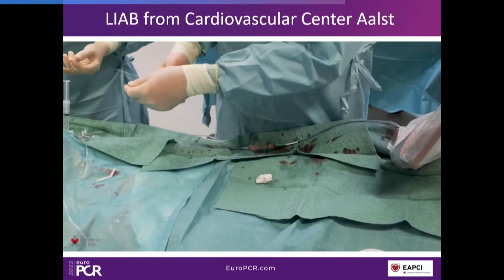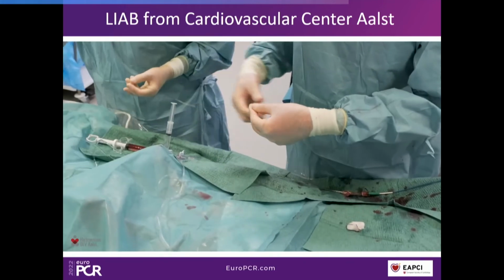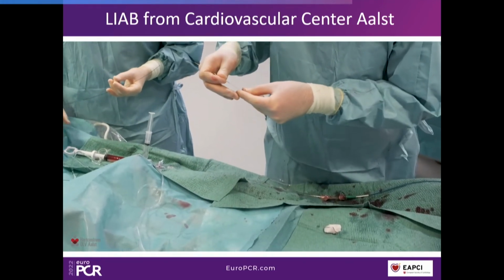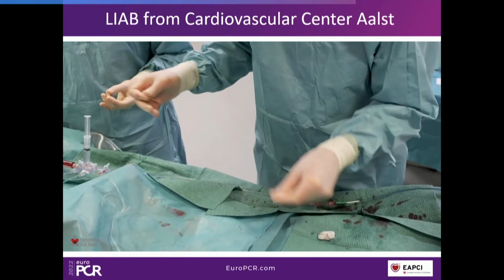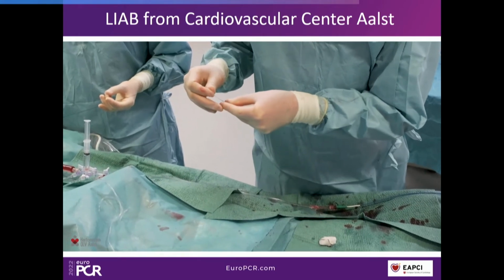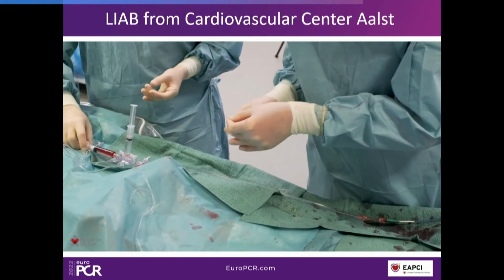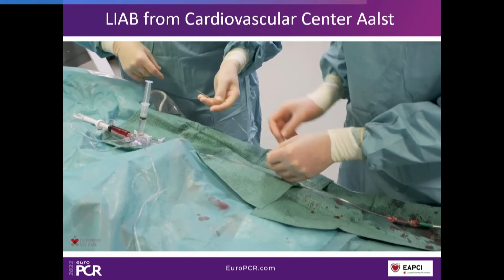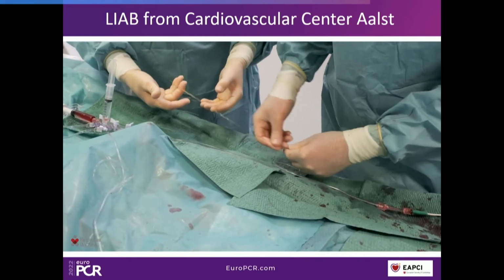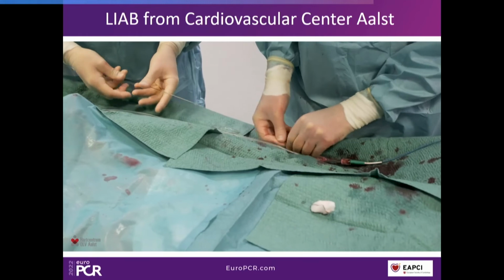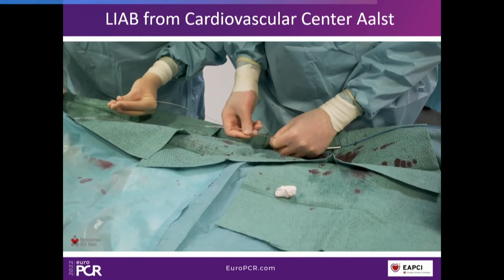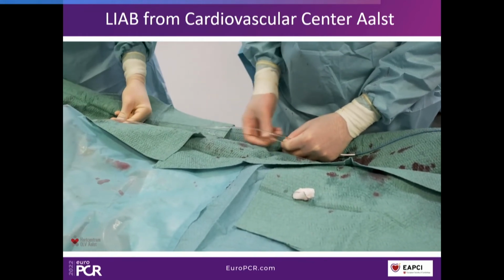So as we have explained, this is a rapid exchange microcatheter with a CardioMEMS pressure sensor on the tip of the catheter. And it is a very convenient method because this is an over-the-wire technique. We use our standard workhorse wire to introduce the FFR catheter.